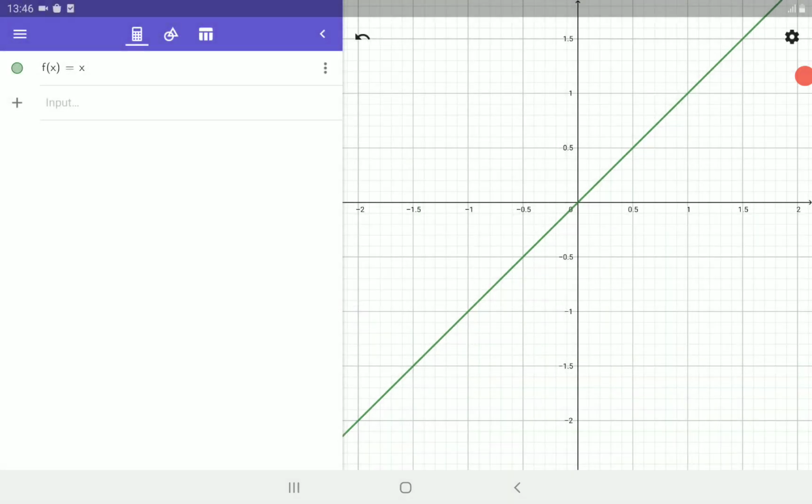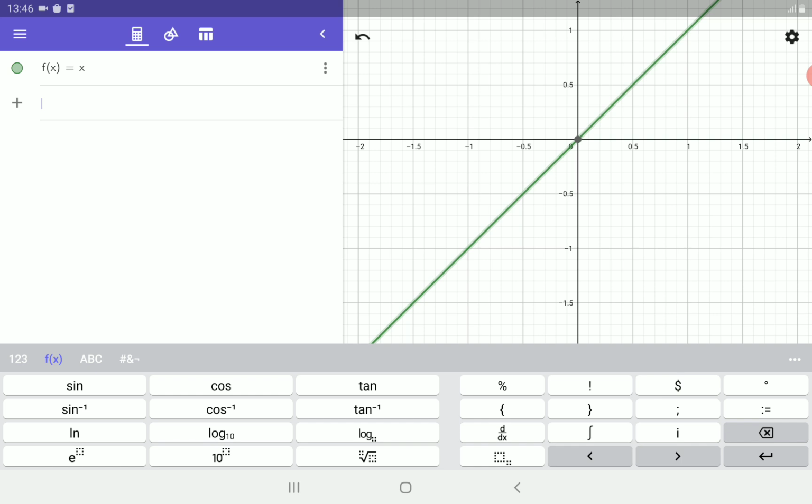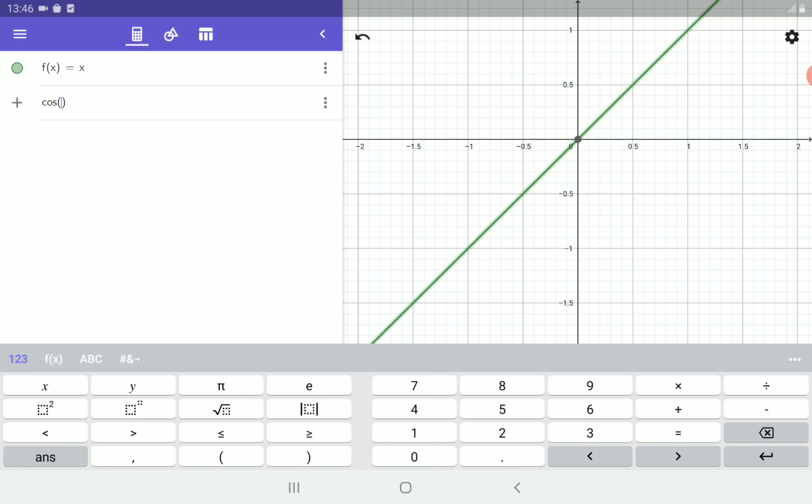So imagine we're just going to look at the interval between -2 and 2. Right now we have the graph of x, and x is a function that does not have a stationary point. So let's see what happens if we make plots of cosine lambda x.